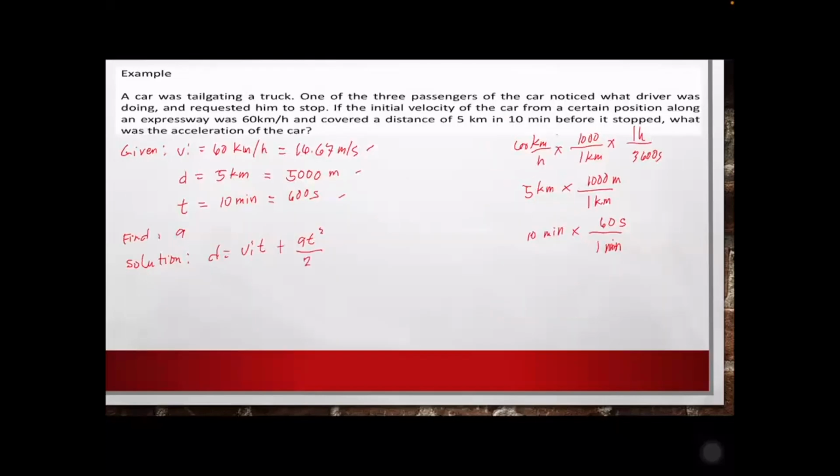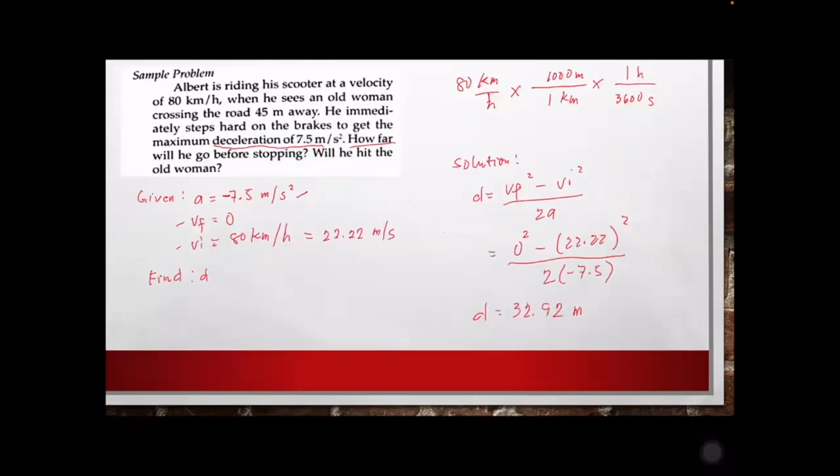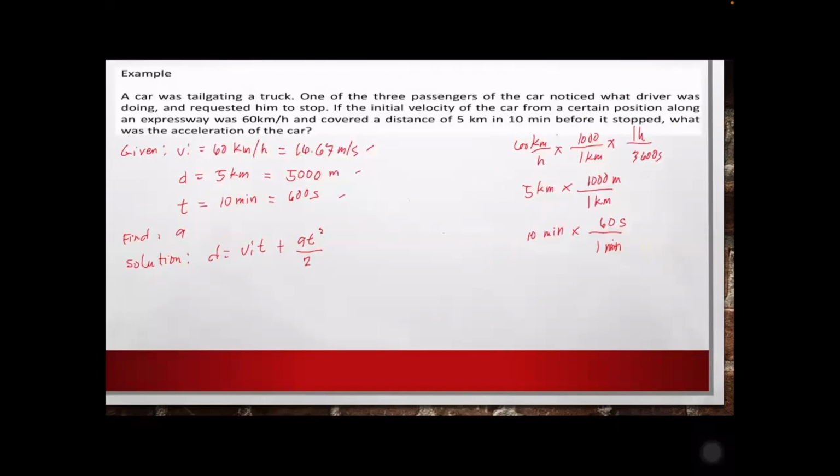How are we going to find the right formula? Kailangan natin i-identify lahat ng given. Kanina, given natin is acceleration, final velocity, at initial velocity, kaya ginamit natin is vf squared minus vi squared over 2a to find for the d.